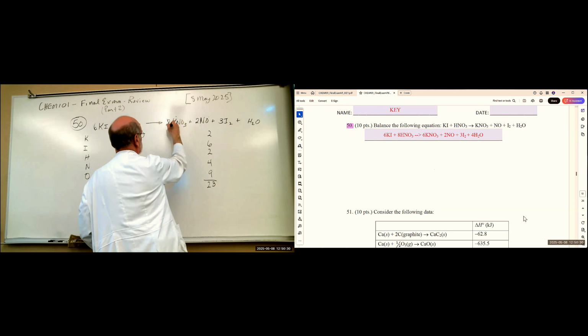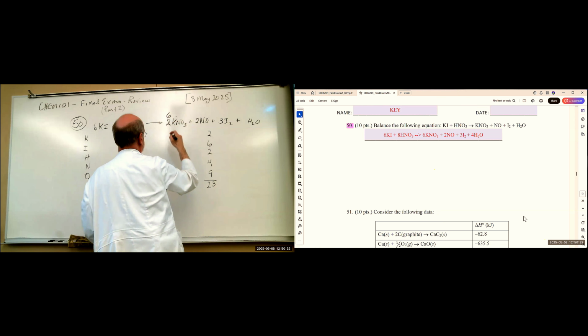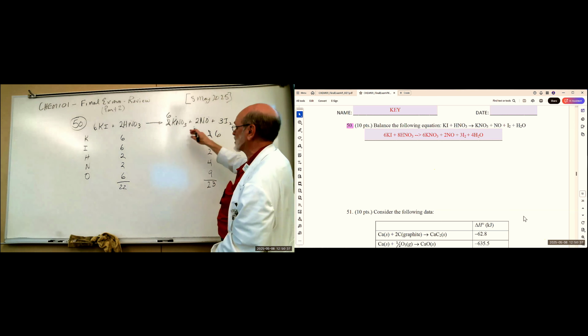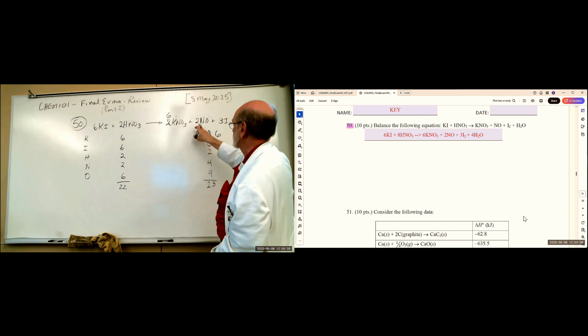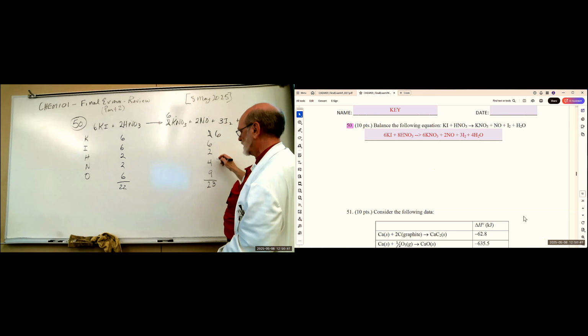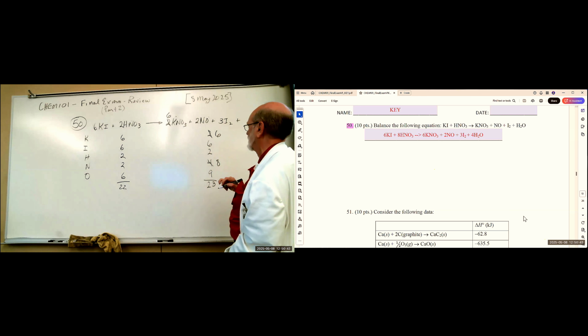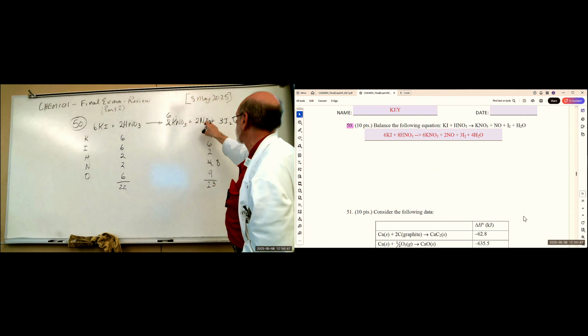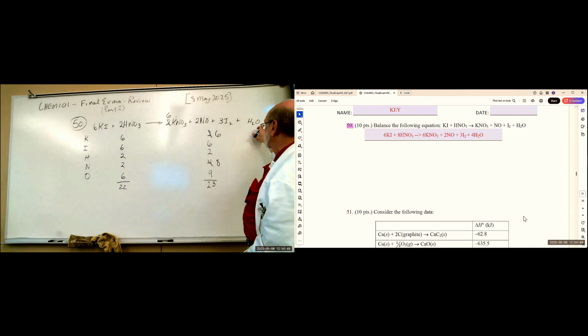So let's change this to 6. That makes 6 potassium. Now that changes nitrogens. 6, 7, 8, 8 nitrogens. Okay. And it also changes oxygens. 18, 19, 20, 21.